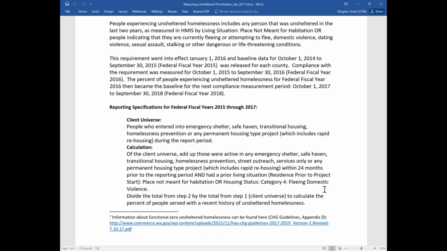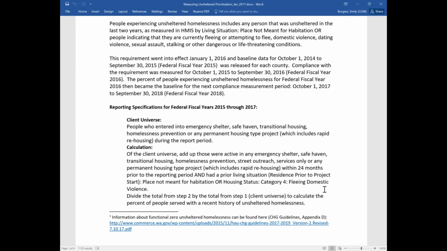For the first year that we did it, we didn't have access to statewide data. So if someone was in your emergency shelter in Thurston County, but they had been unsheltered previously in Clark County, say, you didn't get credit for that because we couldn't see the Clark County or any data integration county data.